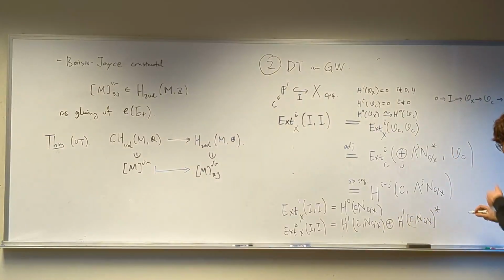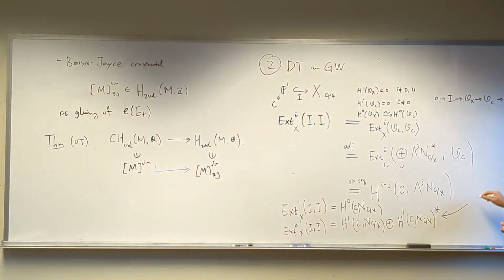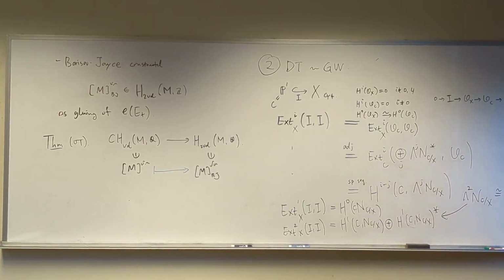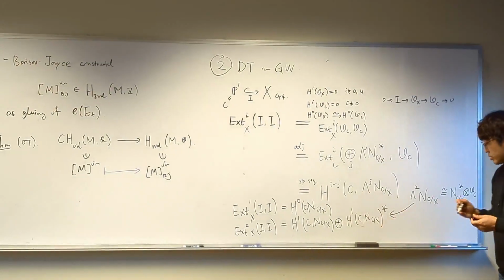So this is coming from the second exterior power of this, so to understand the canonical bundle, and then we apply Z to it.